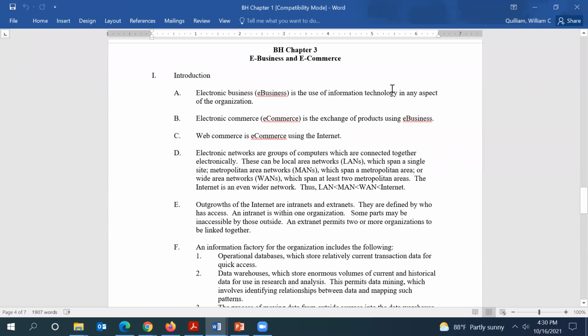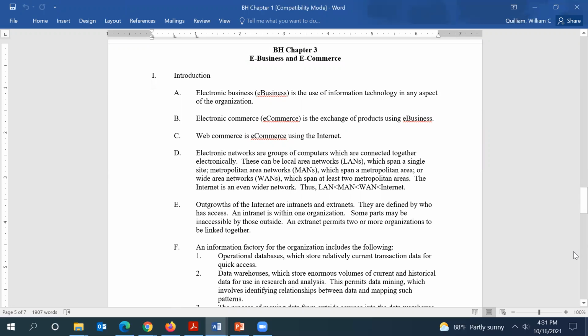Well, let's go on to chapter 3. E-business and e-commerce. So electronic business, e-business, is use of information technology in any aspect of the organization. You may see that with a dash as I have above or with a small e and no dash, like I've got there in A. Same thing with e-commerce.